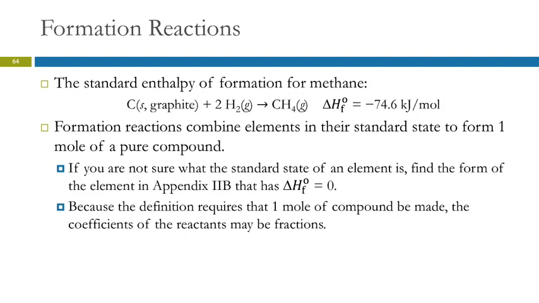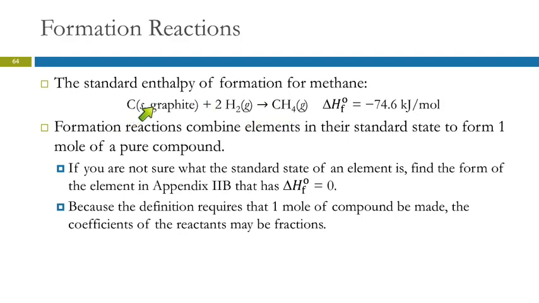So the standard enthalpy of formation for methane, we can look it up in the table, is minus 74.6 kilojoules per mole. And we write a reaction for this where we're starting with the elements that compose CH4 in their standard states. So we've got carbon and hydrogen, so we need carbon in its standard state.